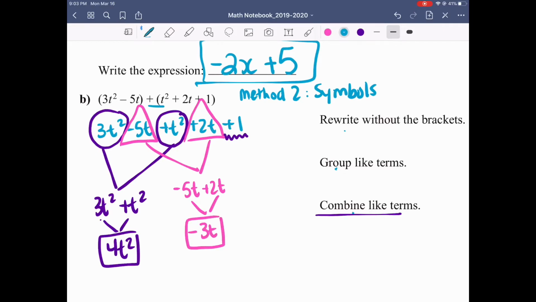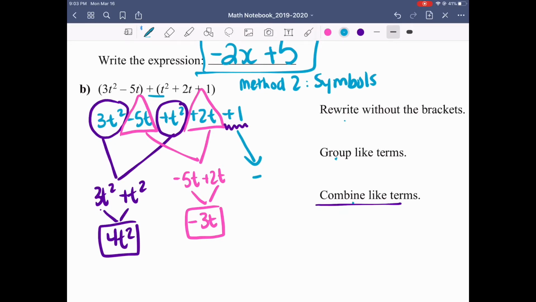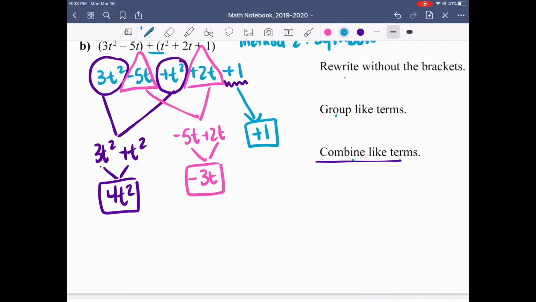And then for this one, there's no canceling. There's no zero pairs. There's no other like terms. So we stay with +1. And then for our final answer, all we have to do is combine these three together. So our final answer would be 4t squared minus 3t plus 1.